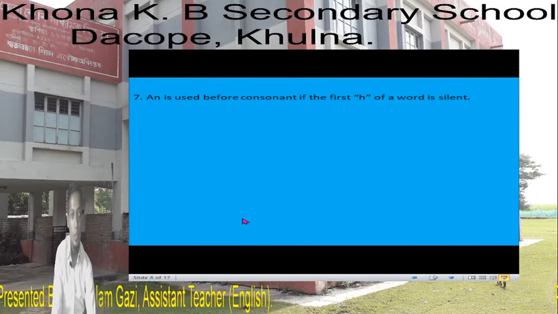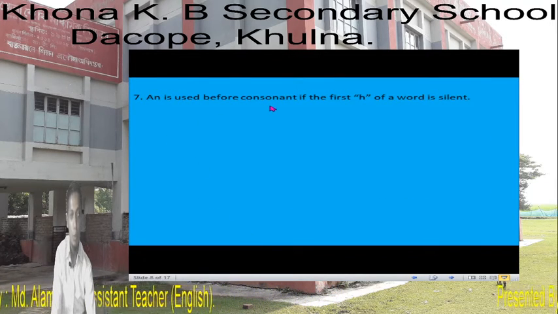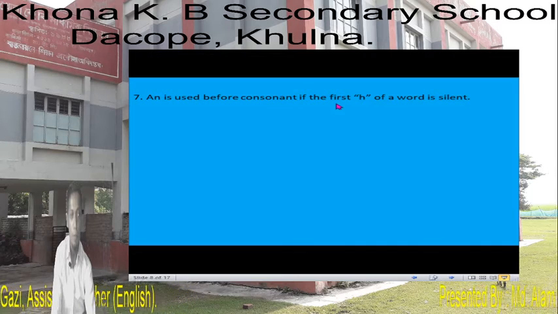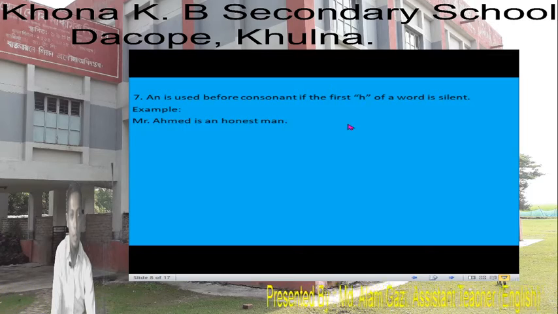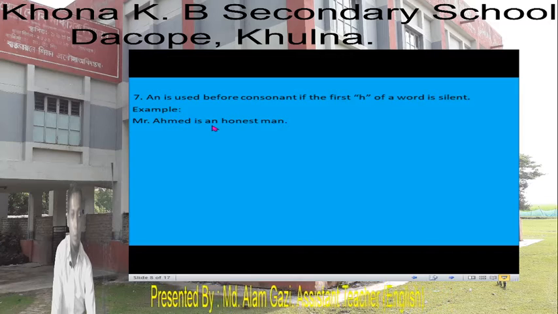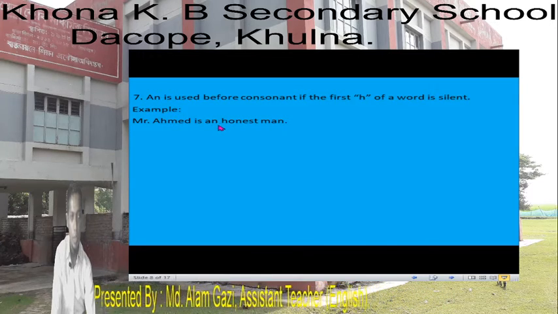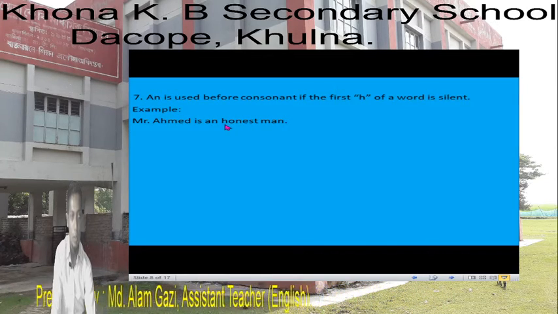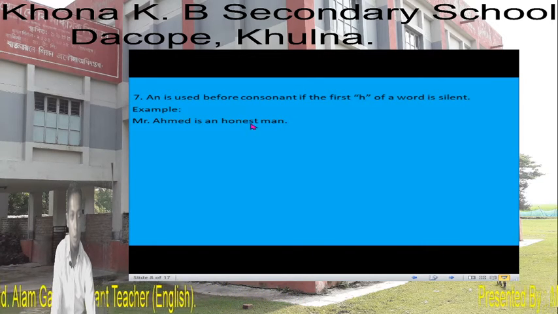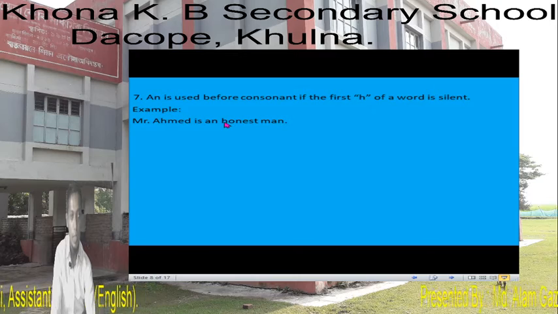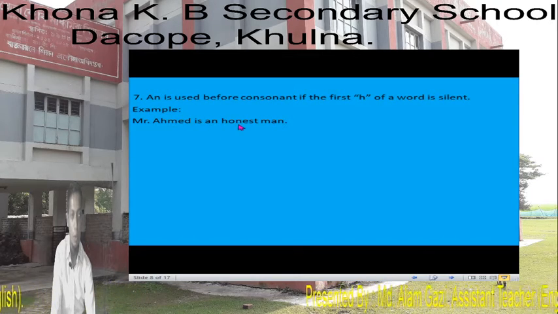Dear students, an is used before a consonant if the first letter of a word is silent. For example, Mr. Ahmed is an honest man. Here we use an before honest because the first letter h of honest is silent, so we use an before honest.